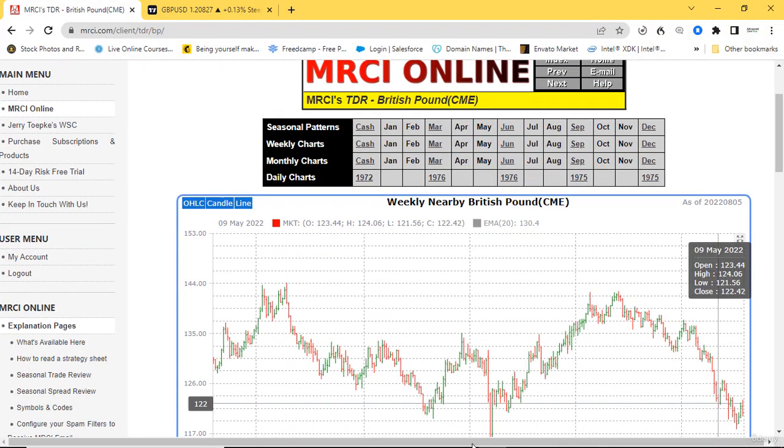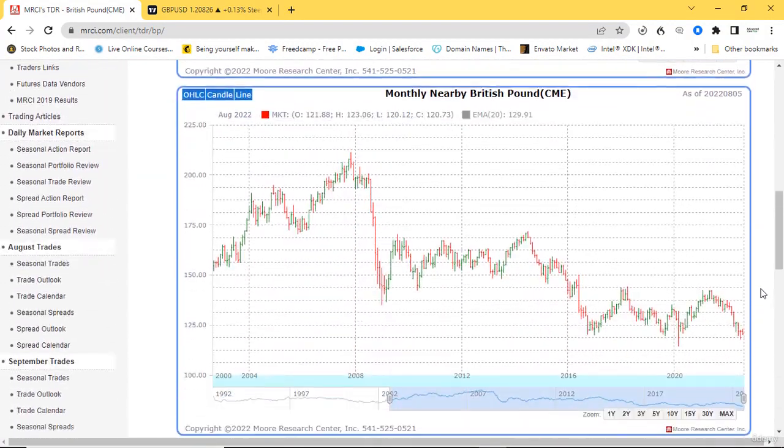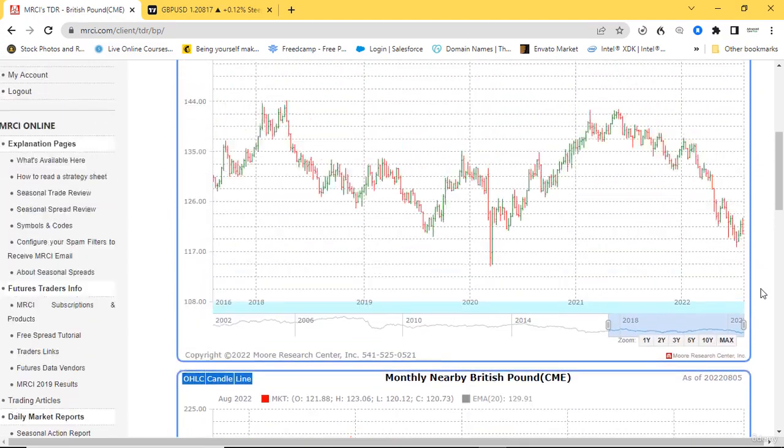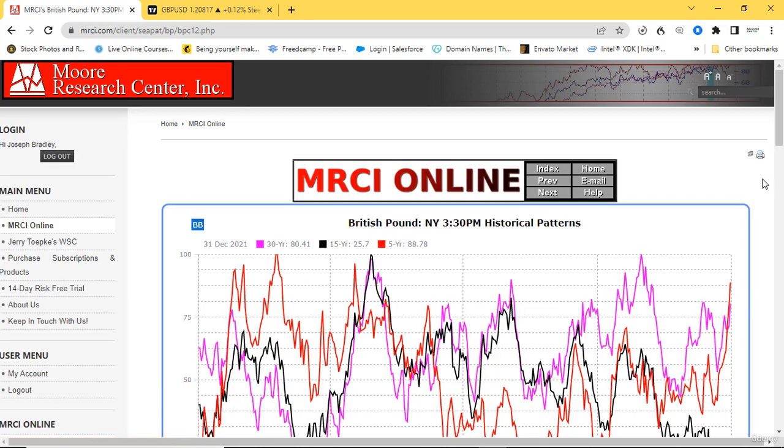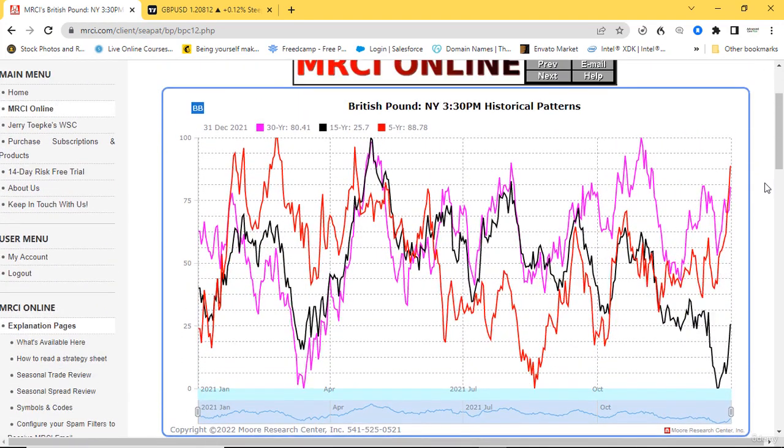So now these are the weekly and monthly charts. Now for the seasonal patterns for this one, as you can see, between July and October it's not clear whether you're going up or down.